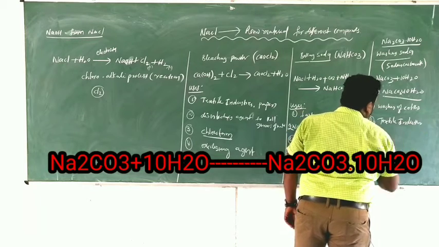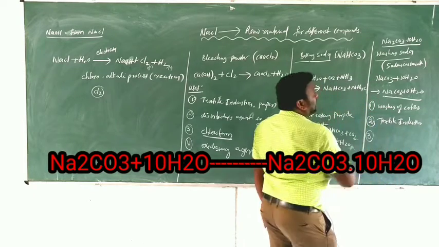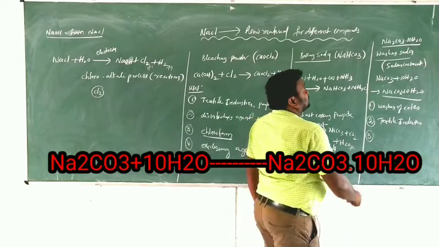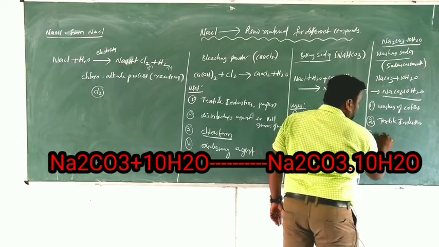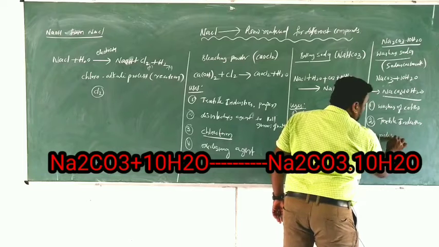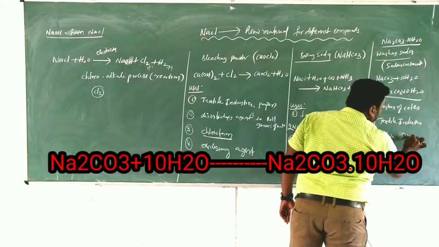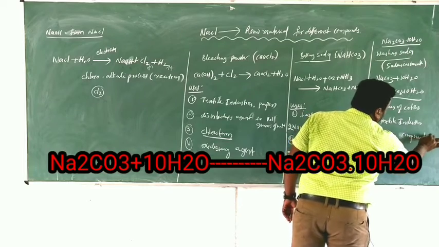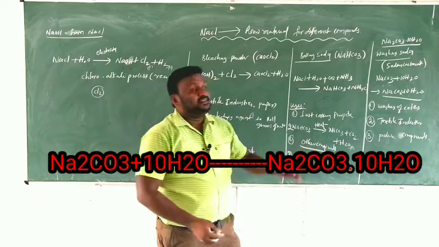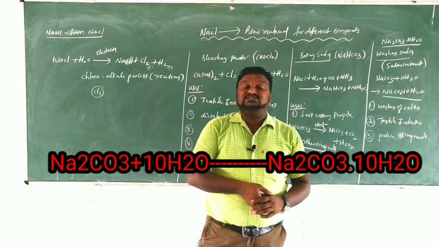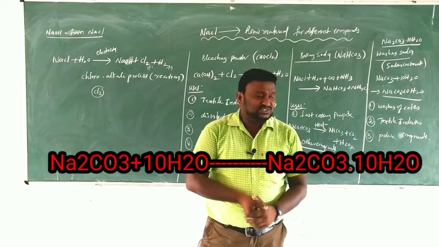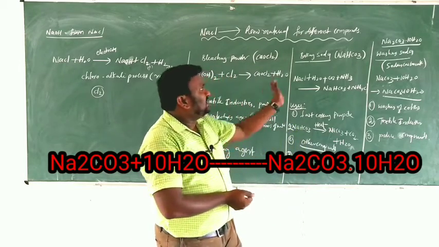Textile industries. And this sodium carbonate is used to produce the sodium compounds. Here washing soda can be used to produce the sodium compounds.